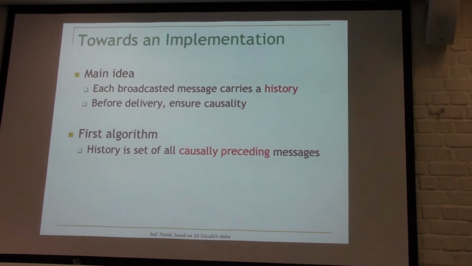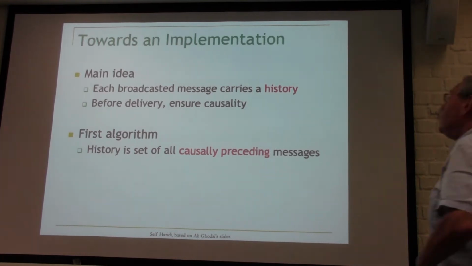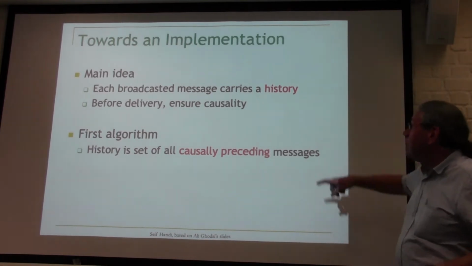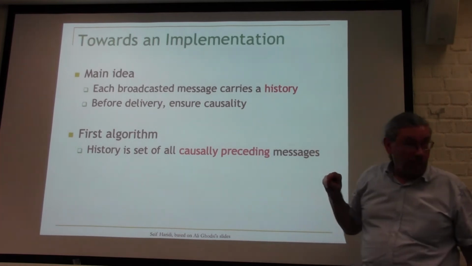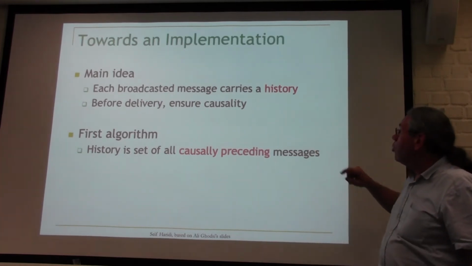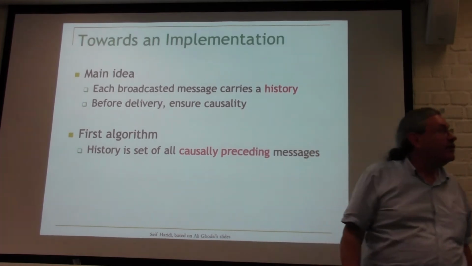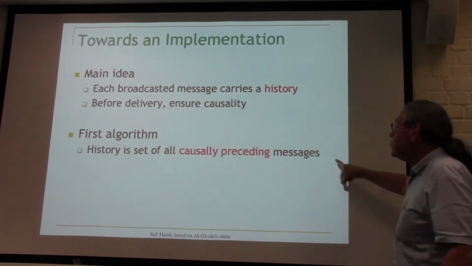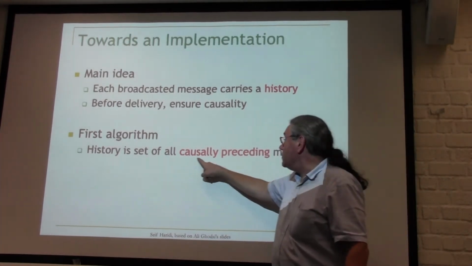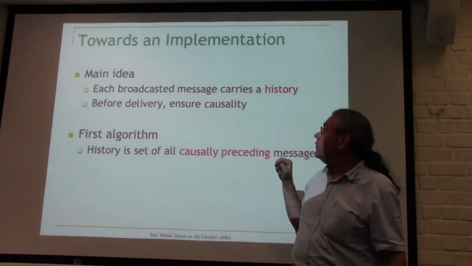We're going to use reliable broadcast as a primitive, as a tool, but not with exactly the same message. The idea is that we're going to piggyback something: the history. What I call history is the set of all causally preceding messages.